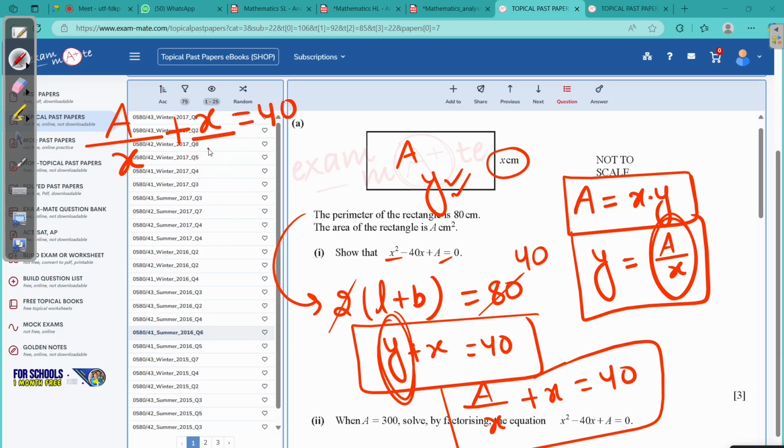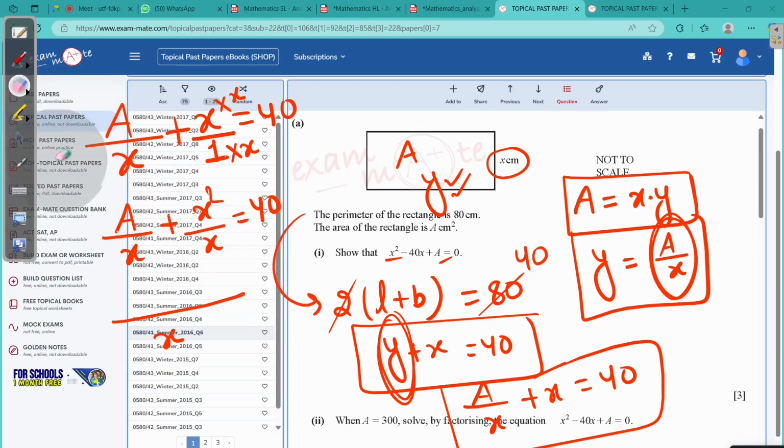First of all, I will make a fraction. For that, I multiply x in numerator and denominator. So x into x: we get A over x plus x squared over x equals 40. Now you have a fraction, so the denominator will be the same.